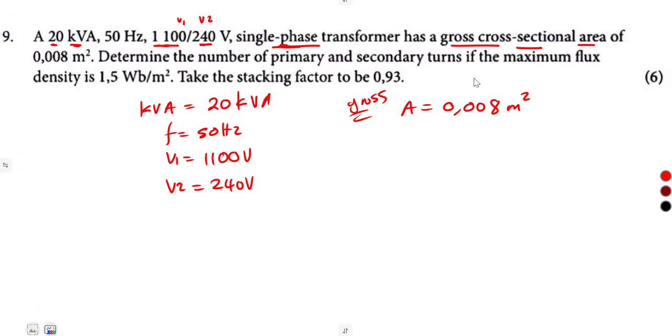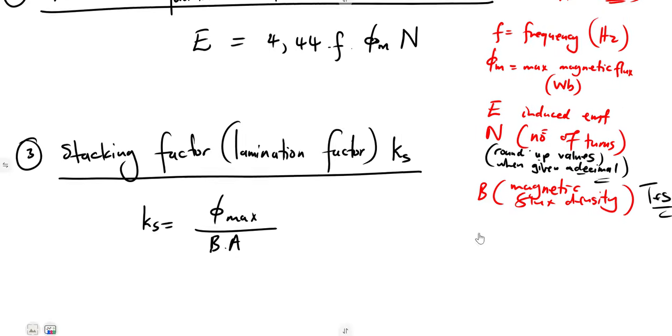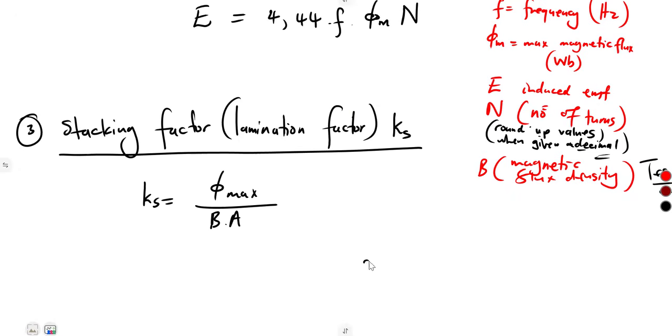When you are given the gross cross-sectional area, it follows that our Ks is a value that is less than 1. All right? It will be a value that is less than 1 in your calculations.